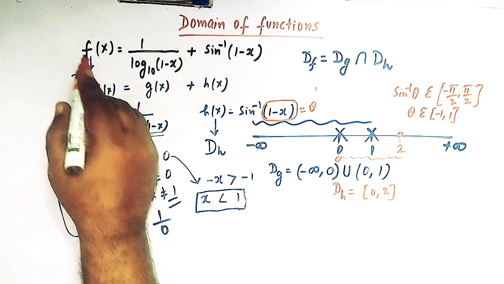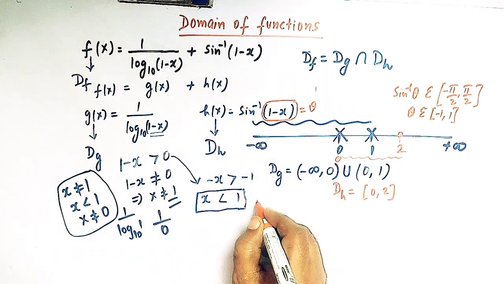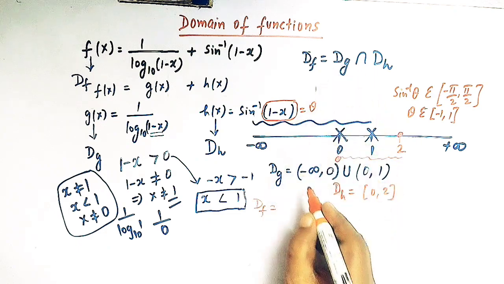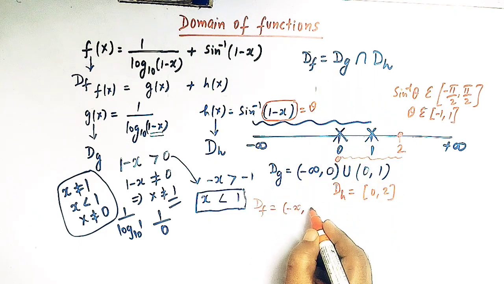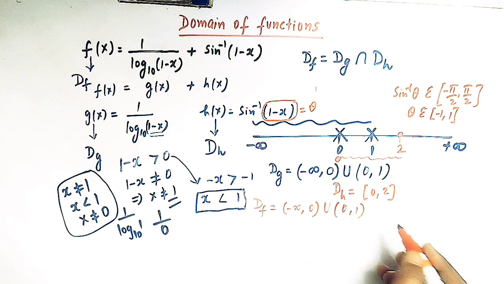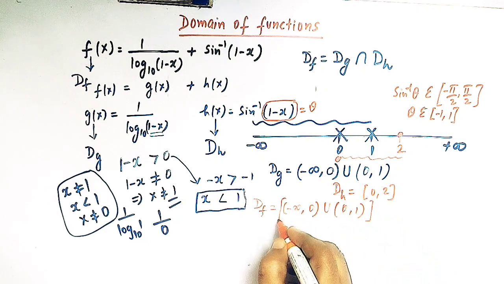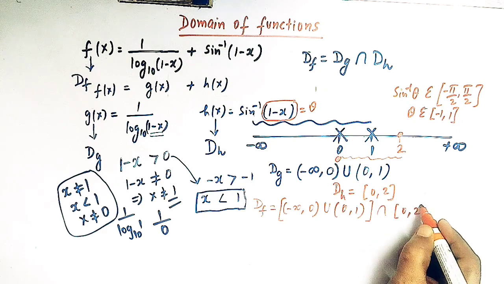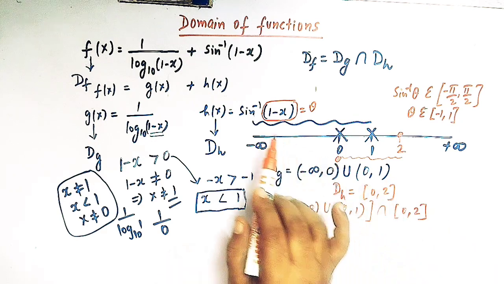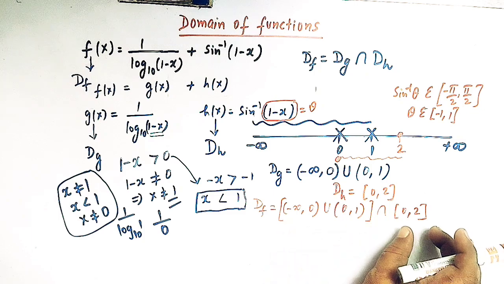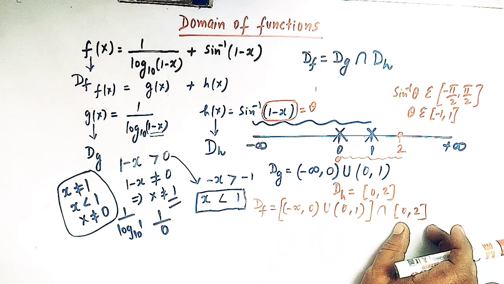So now let us write the domain of the function f as df, and dg is given by minus infinity to 0, union 0 to 1, and then we have the intersection, and here we have 0 comma 2, right? So now here we have to take the intersection of these two sets, right?